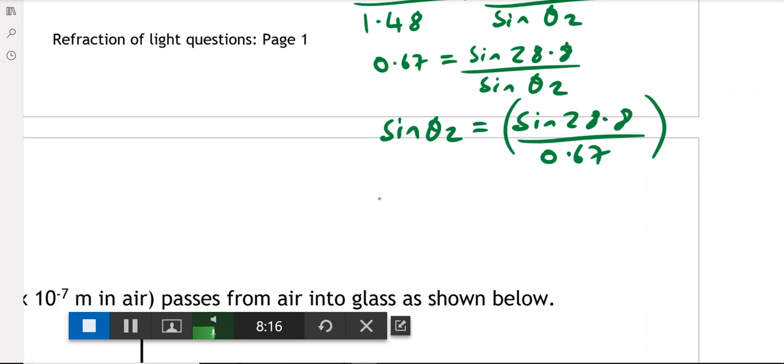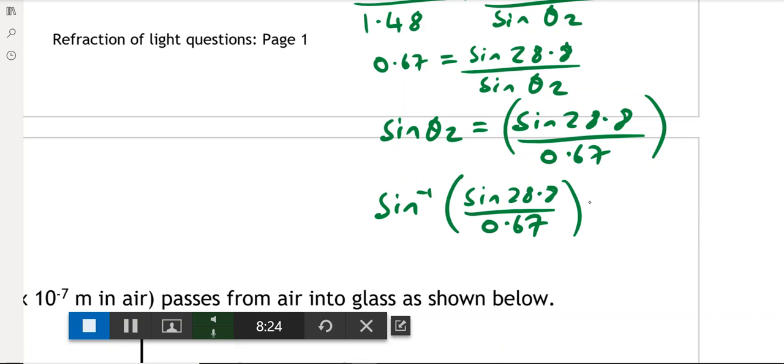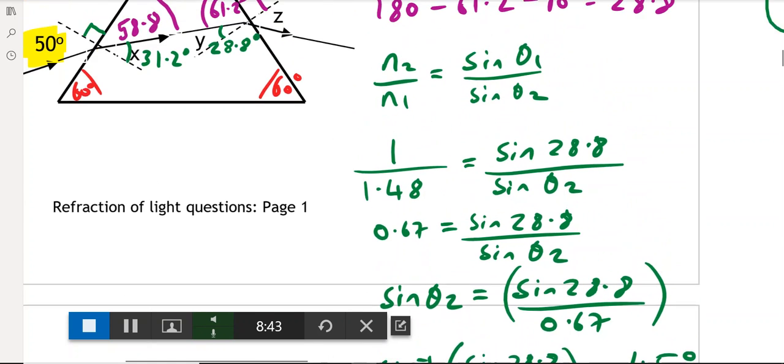And to find our angle, we can inverse sine that whole bracket. And that comes out in your calculator to be, let me just double check, 45 degrees in here.